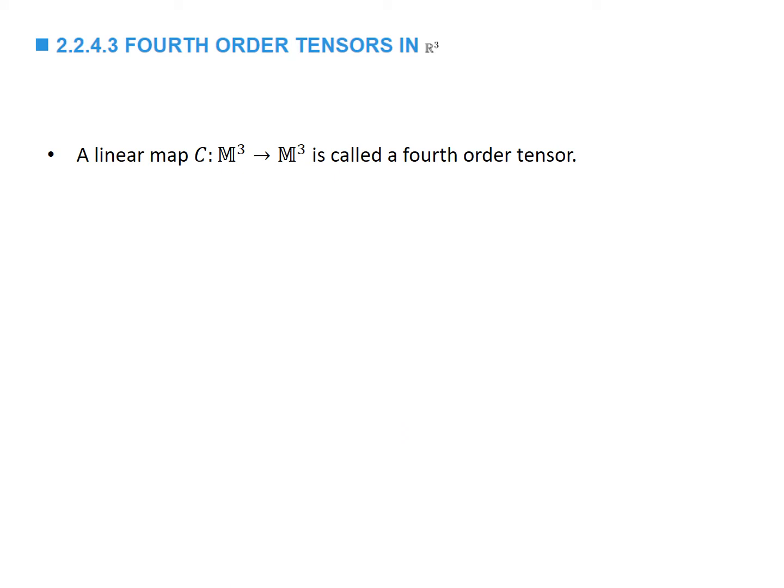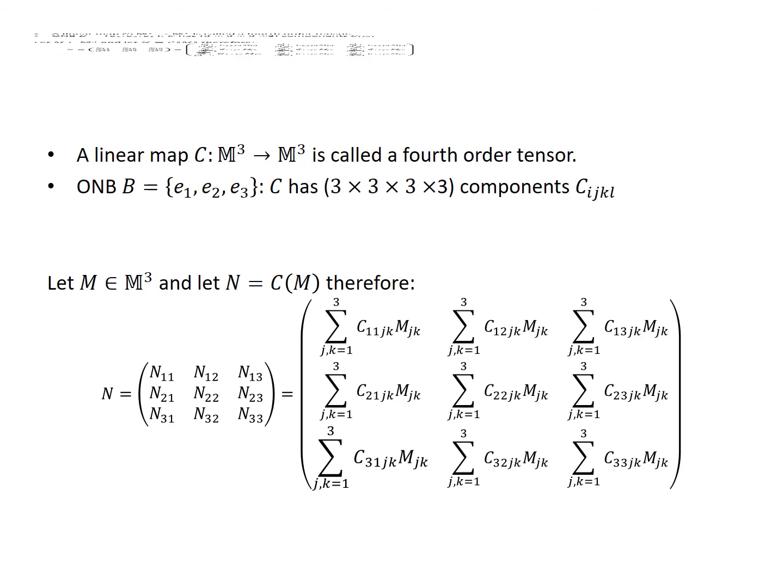Let's now look at a linear map that has 4 subscripts. As an example, we can consider a linear map that maps second-order tensors, matrices, to second-order tensors, matrices. This is called a fourth-order tensor. Given a particular orthonormal basis set, C has 3 by 3 by 3 by 3 components, 81 independent components.